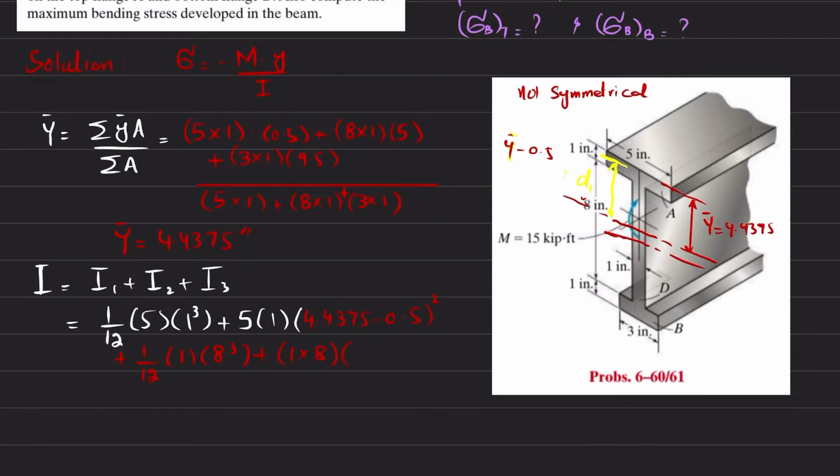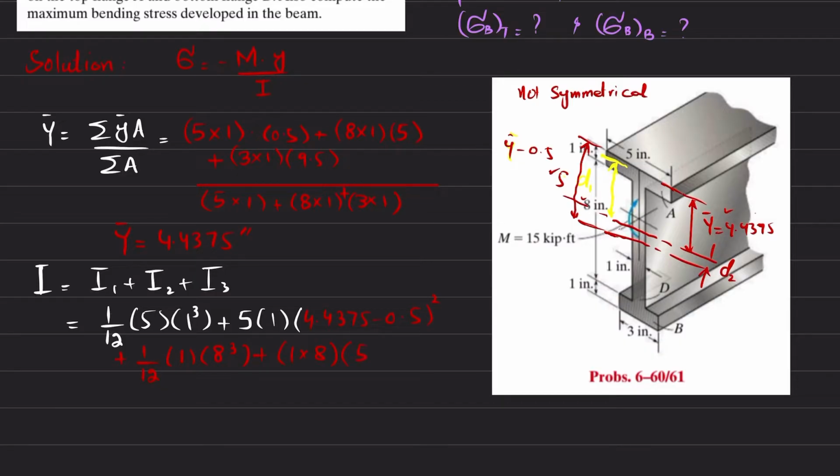So this total is y, and this distance from the top is 5. Clear? So I will write 5. If you subtract 4.43 from 5, you will get this distance, and that is D2.